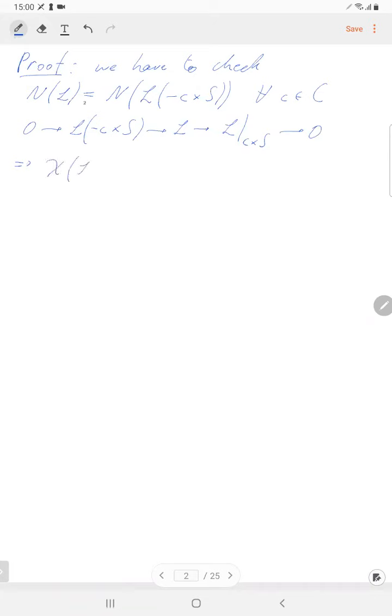So the Euler characteristic of L is the Euler characteristic of L twisted, plus the Euler characteristic of this horizontal fiber. Can I ask a question? Yes. L minus C times S, is this a section or is this a twisted sheaf? It's a twist. Yeah, it's a twist, to twist by a divisor. This is a horizontal divisor. We twist our invertible sheaf by O of negative C times S.